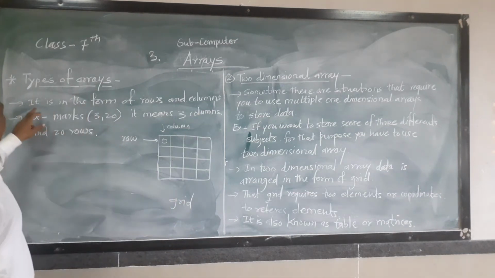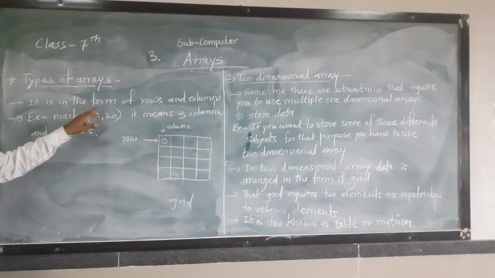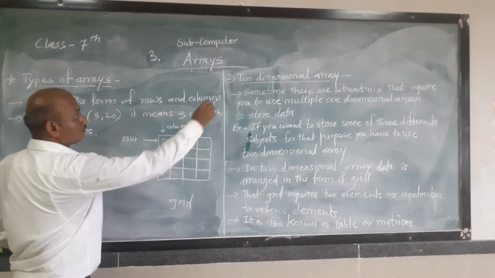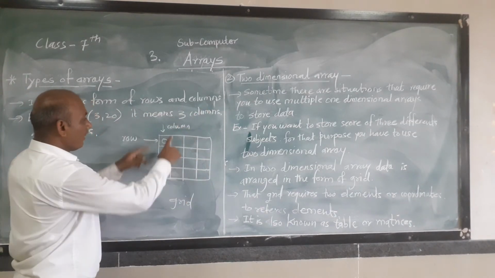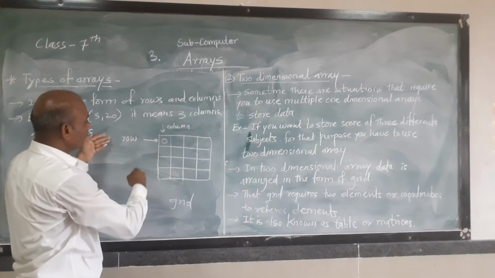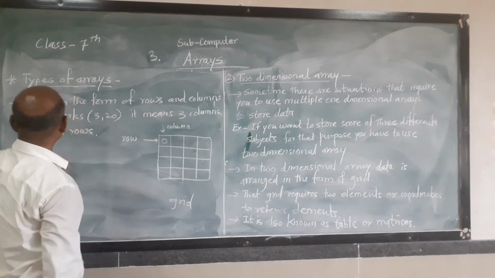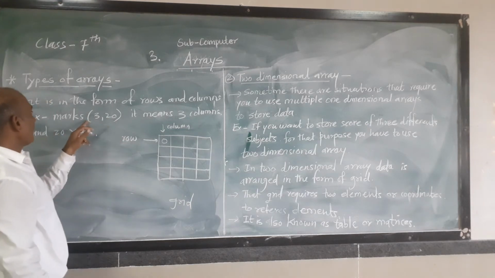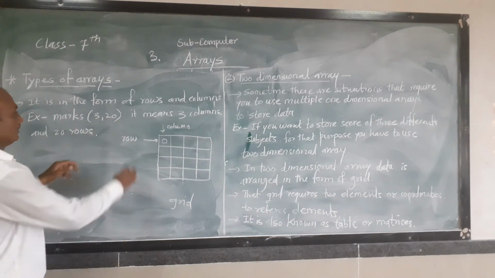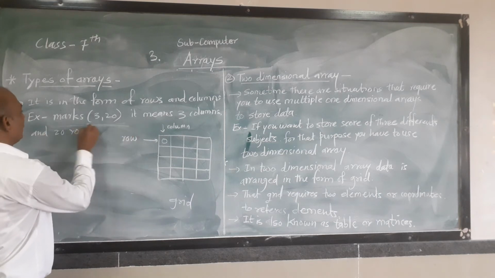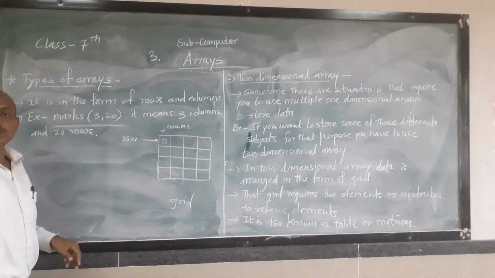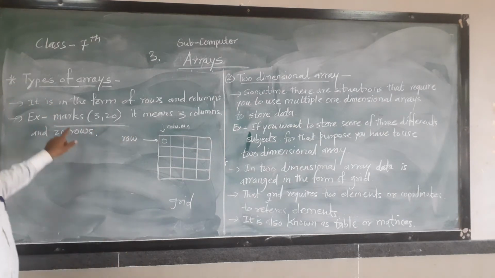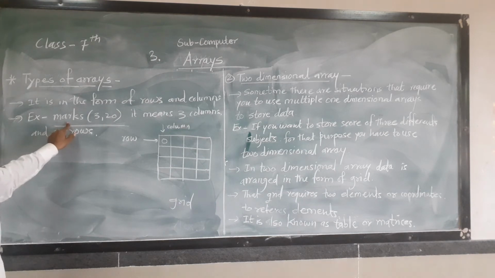For example, it is in the form of rows and columns. A two-dimensional array is in the form of rows and columns. For example, marks(3, 20). This is the two-dimensional array variable. Marks is the variable of which type?